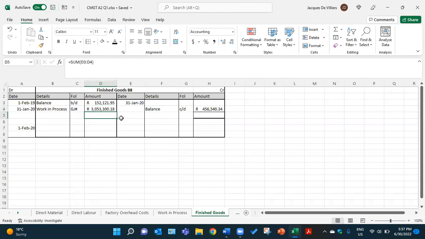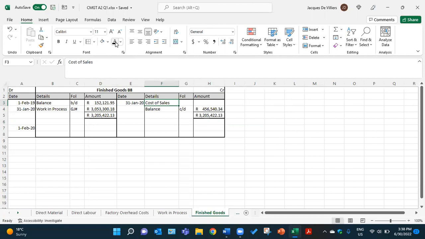Okay, so we add the amount. We will have the exact same amount on the other side. We were given the balance, and now again, we have to balance this ledger with an entry. And the entry with which we balance it now is our cost of sales.